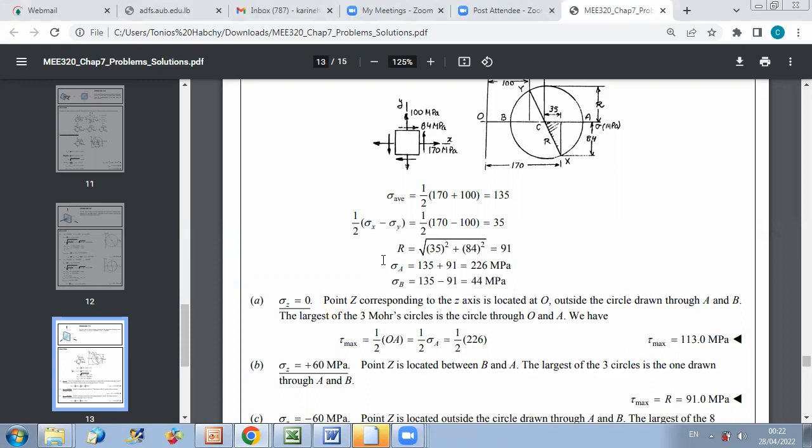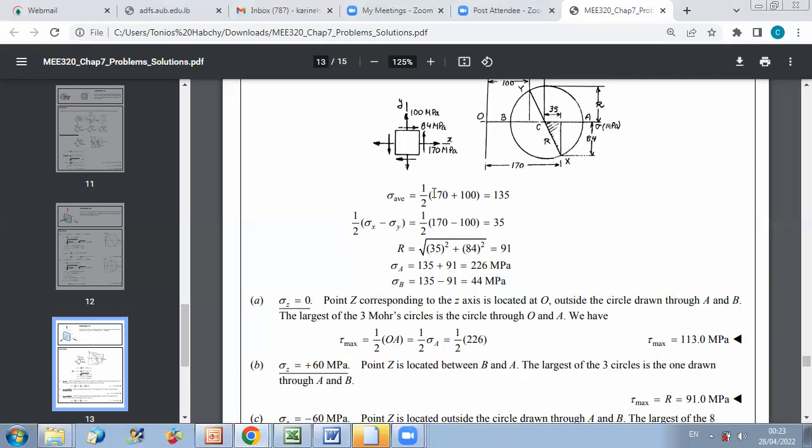From my calculation, I can see that A and B are both on the same side of O. This is why if sigma z equal to 0, then the maximum radius corresponds to circle OA, and tau max is half of OA, so it's half of sigma A, which is half of 226, equal to 113 megapascal. Now, what if sigma z is plus 60 megapascal?